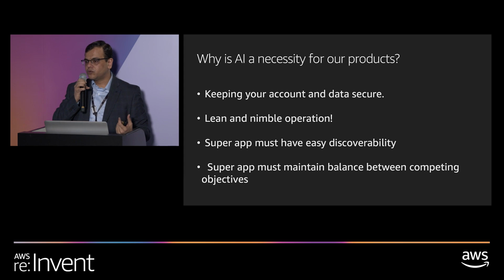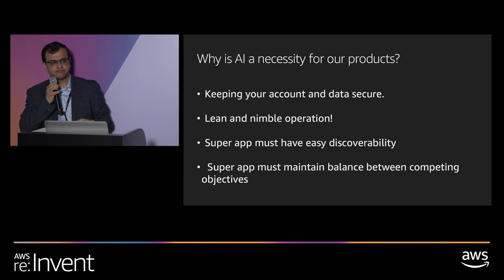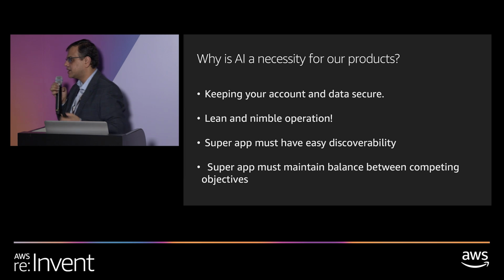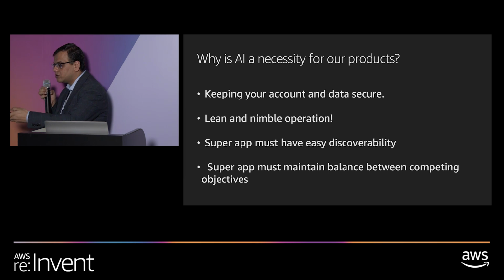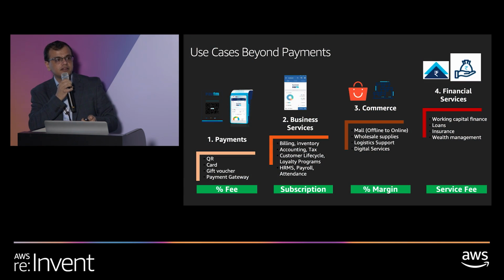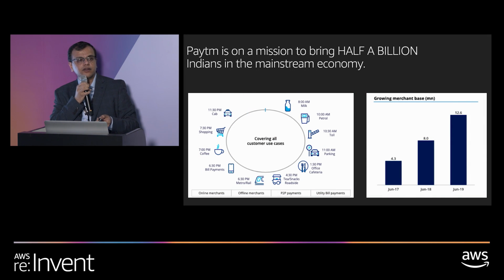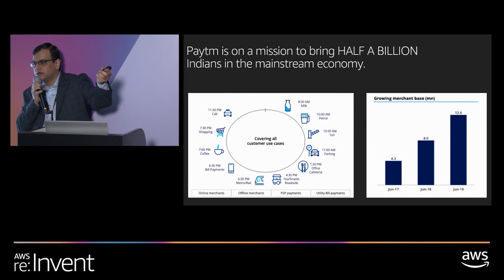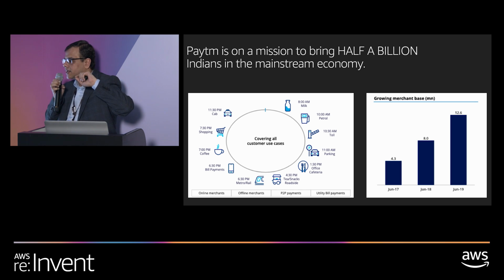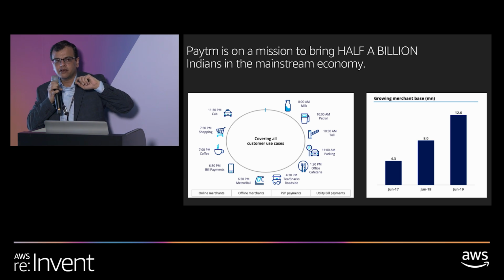The third one is the most important one. That's where I have worked most extensively. Super apps must have easy discoverability. Think about the 200 use cases we talked about over here. Now imagine it is 8 a.m. in the morning and I have an app. How do I actually figure out that I can buy milk with this app, right?